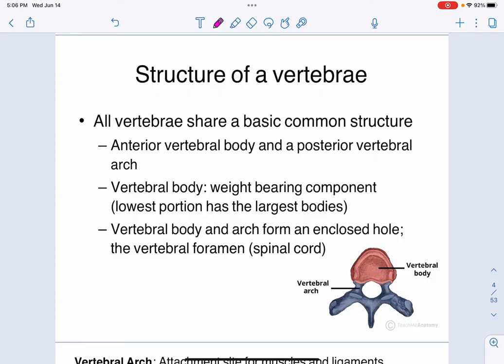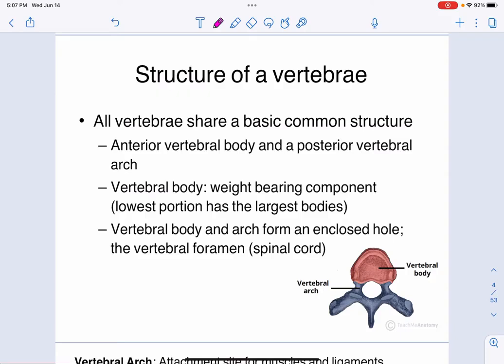I think it would be a really good idea to make a compare and contrast chart when I start talking about the features of cervical vertebrae, thoracic vertebrae, and lumbar vertebrae, so that you can identify them during a practical. So you want to be able to determine what features are important for each of those different types. So if you see them, you will know which one you are looking at.